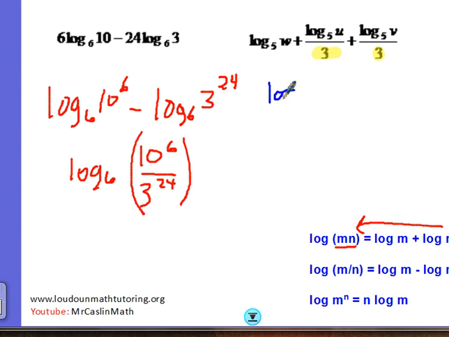I'm going to go log base 5 of w plus, this expression is really the same as 1/3 times the numerator, log base 5 of u plus 1/3 log base 5, well, sorry, I'm running out of room, log base 5 of v.